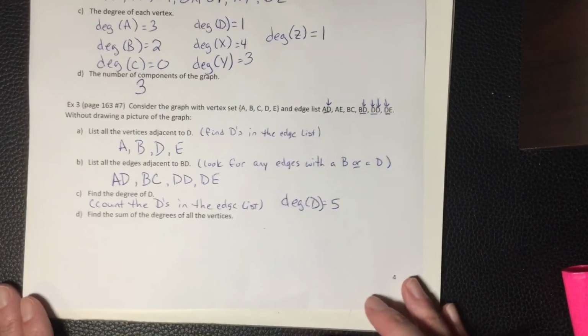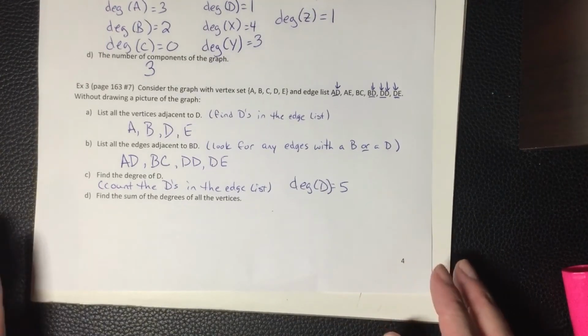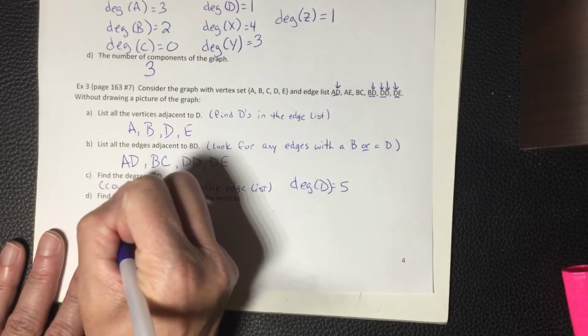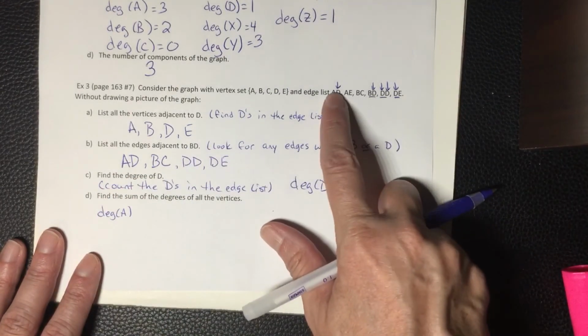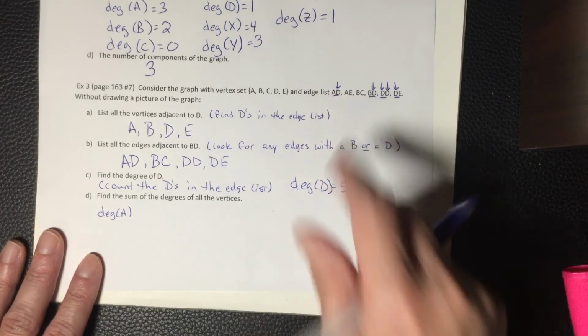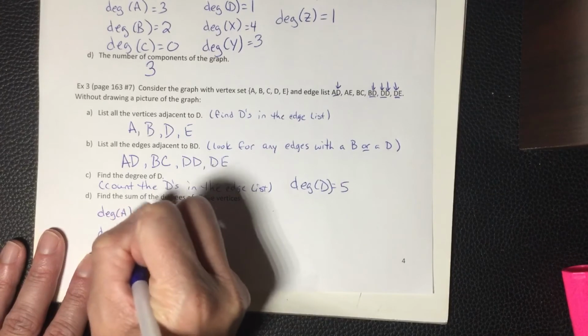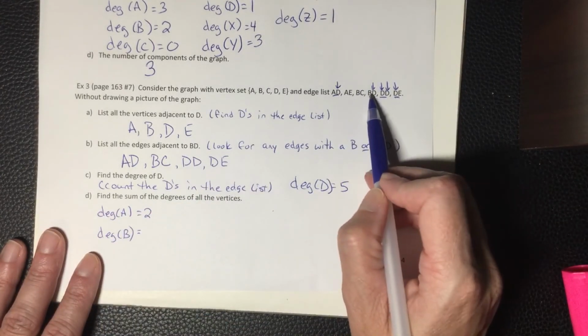Now the last one is the trickiest. It says find the sum of the degrees. So to do this, we have to find all the individual ones. We already know D, so let's do the degree of A. So we're going to go through and just count our A's. I see 1, 2, and that's it, so that'll be 2. The degree of B, I go through my edge list and I count my B's, so that's going to be 1, 2 again.